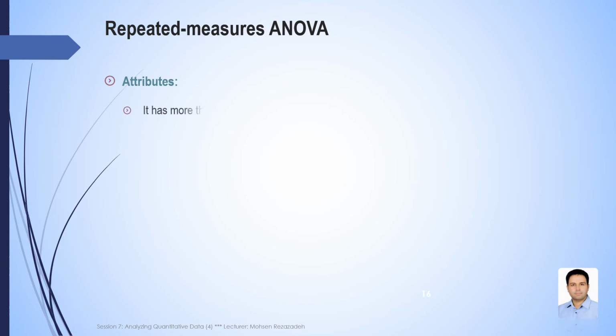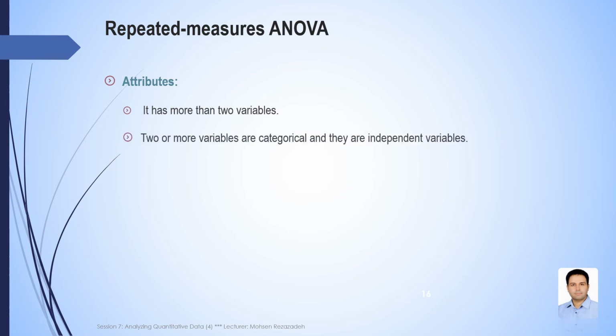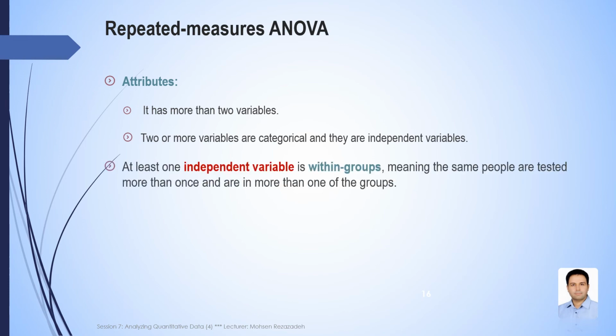Attributes of repeated measures ANOVA. It has more than two variables. Two or more variables are categorical and they are independent variables. In fact, here in repeated measures ANOVA, we need at least one independent variable which is within group, meaning the same people are tested more than once and are in more than one of the groups.